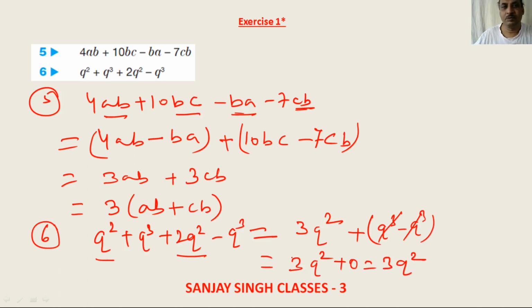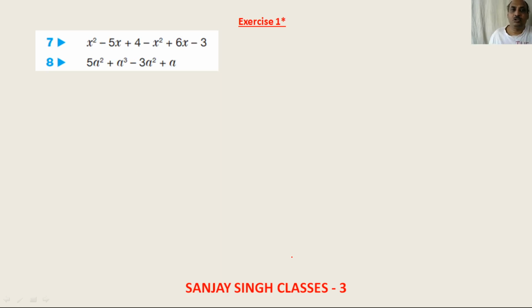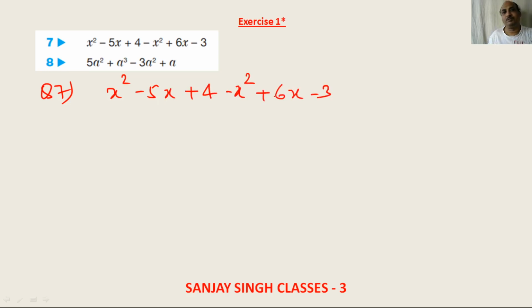Right. Now question number 7. What is there? x square minus 5x plus 4 minus x square plus 6x minus 3. Now here we see this is x square, this is x square.